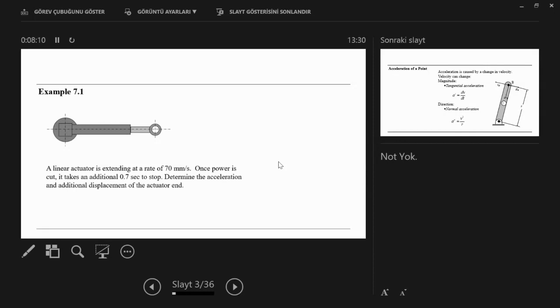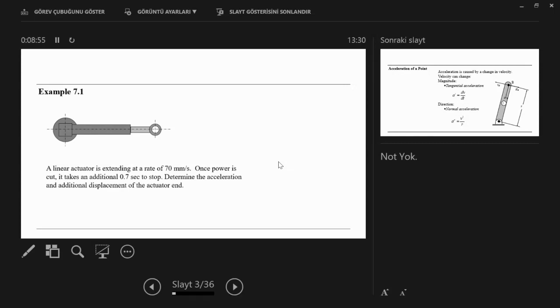So how can we calculate it? The speed started from 70, the initial speed, equal to 70 millimeter per second. And the final must be 0, isn't it? And the time, delta t, is equal to 0.7 seconds.